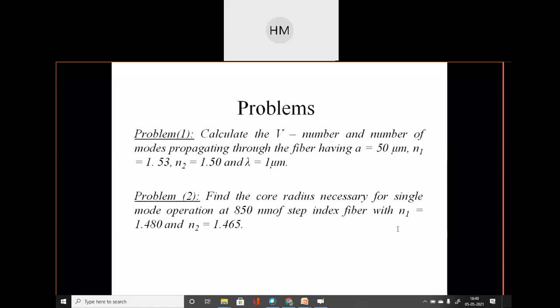The number of modes propagating at a wavelength of 1.3 micrometer is 1000. कितने modes propagate हो रहे हैं? 1000 modes. Okay. Calculate the diameter of the fiber core. ये चीज find करनी है.